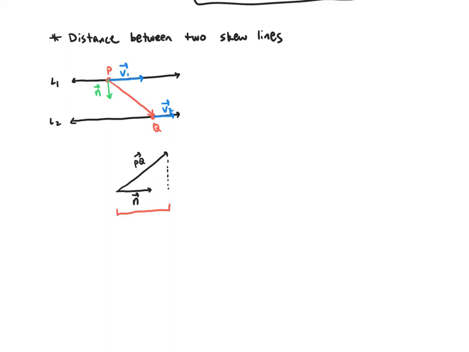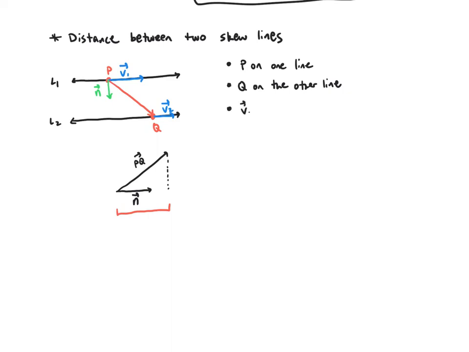So let's label all of our parts. We have P on one line, and Q on the other line. Again, it doesn't matter, just pick one point on one line and one on the other, and things are good.